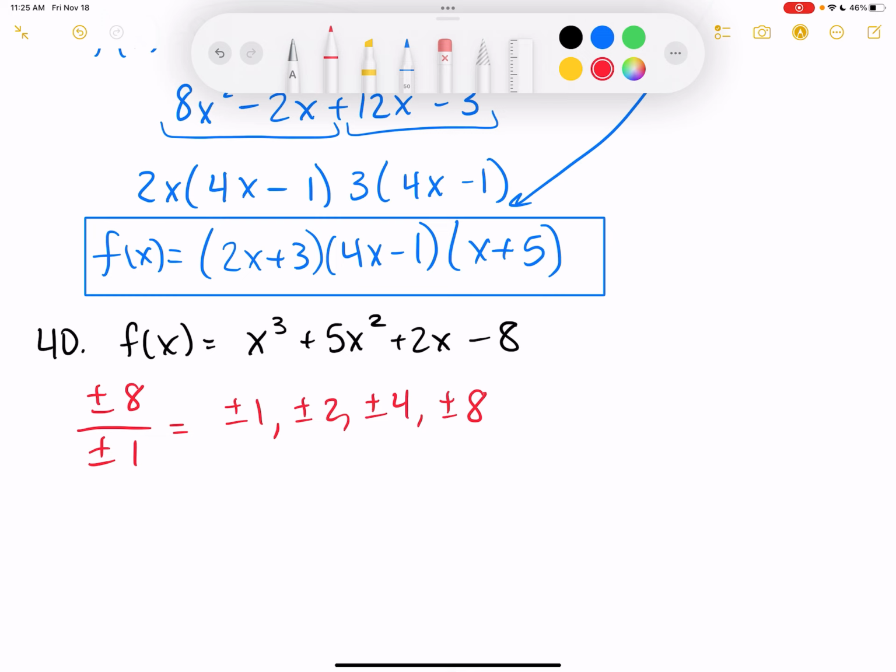All right, well, I'll just do it up here. So we plug in the function. So we get x cubed plus 5x squared plus 2x minus 8. Graph it.